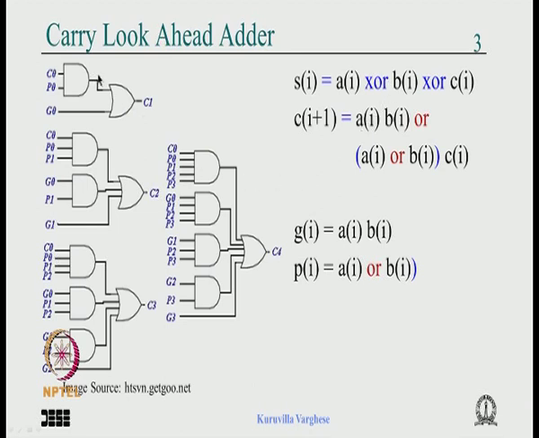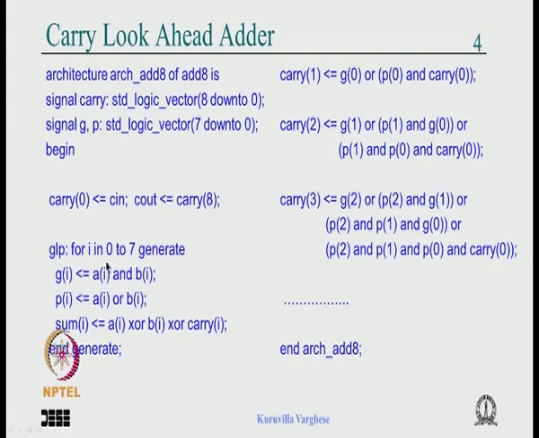So you have around 5 gates delay for all the stages, that is what is achieved by the carry look ahead adder. And we have implemented the sum and Gi Pi in a loop, and the carry equations are explicitly written. Not a big deal, because even if it is to write a 32 bit, it's not a big problem, you can write it.